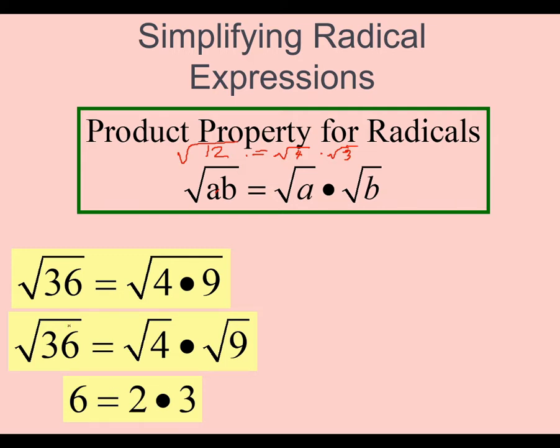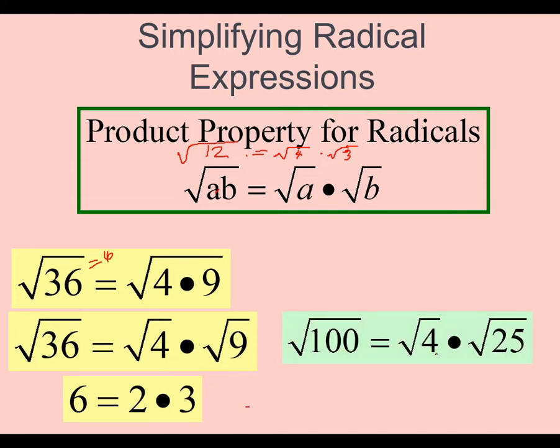Alam naman natin, ang square root of 36 is 6. So, in-apply lang natin yung product property for radicals. Also, yung square root of 100, that is 4 times 25. The same din siya as 2 times 5 equals 10. Okay?